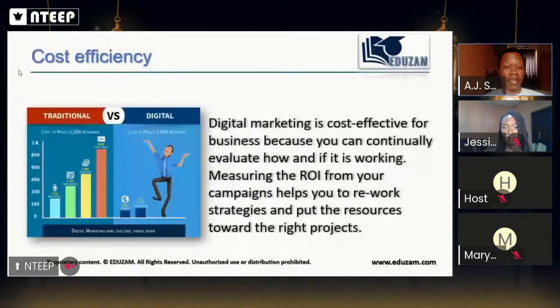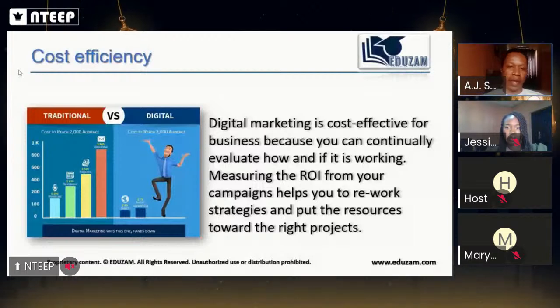Number two is cost efficiency. It's very affordable, and I will tell you why. Digital marketing is inbound while the traditional way of marketing is outbound. We are going to be discussing this in detail when we compare the two.